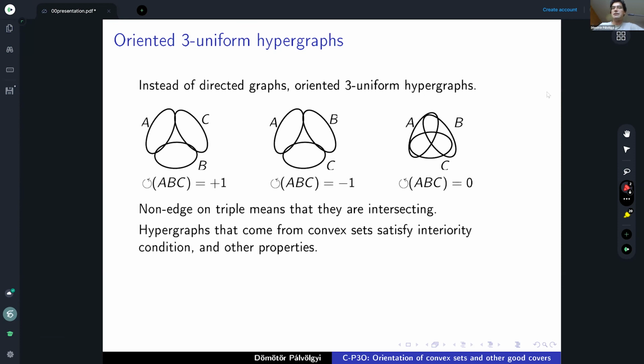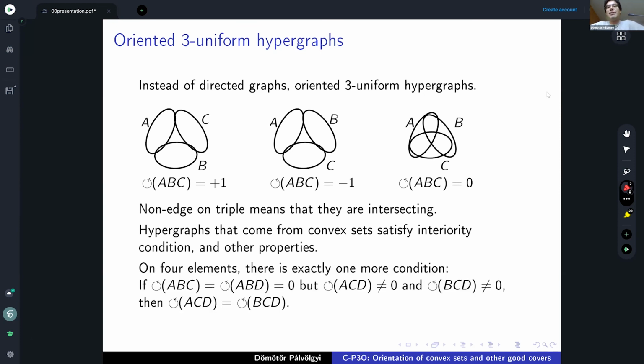In fact, on 4 elements, they satisfy exactly one more condition: if they look like this, let's say A and B are almost the same, and you have some C and D, and if ACD doesn't have a point in common, then I claim that these orientations are the same.